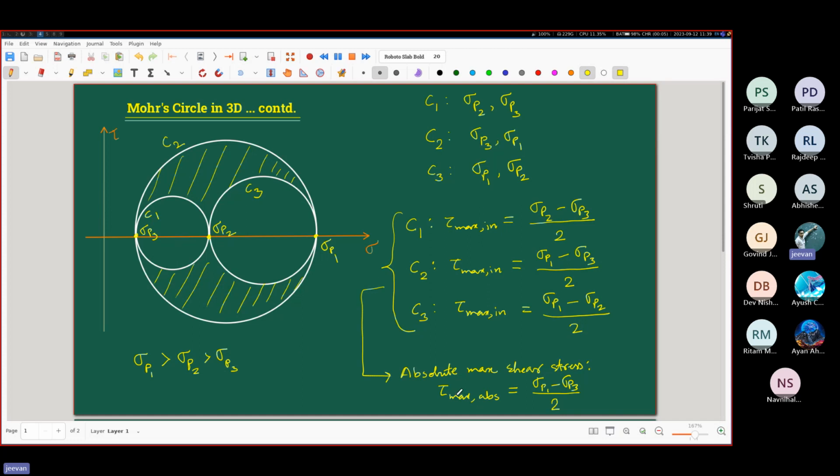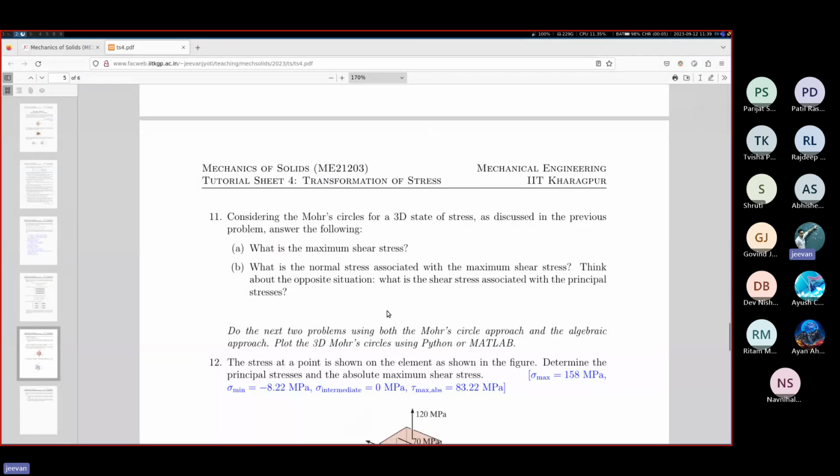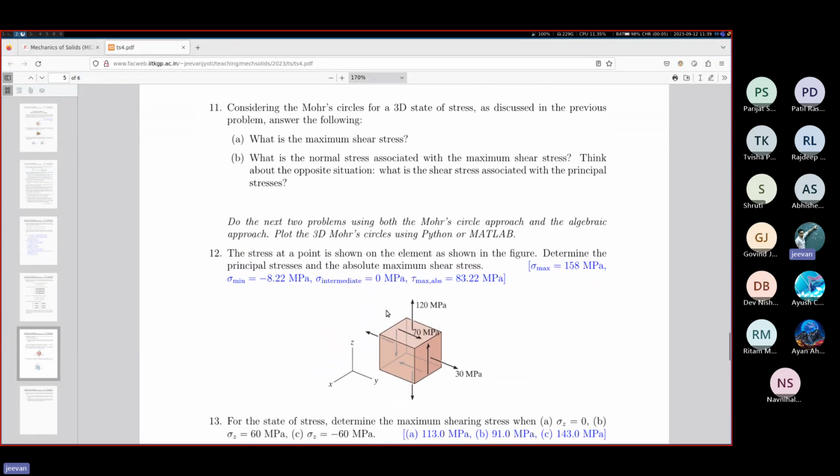Rather, it will be sigma P1 minus sigma P3 by 2. So for this overall three-dimensional state of stress, this is the maximum possible value. Many students make this mistake. In order to illustrate this, let me go back to the tutorial sheet and ask you this.